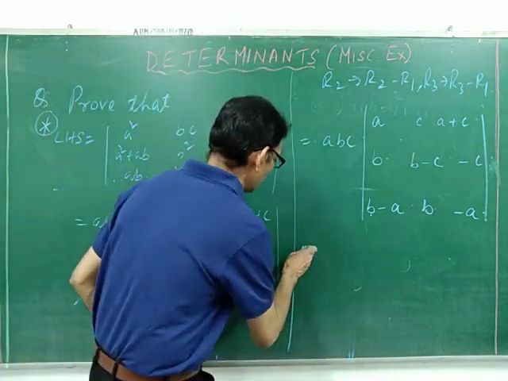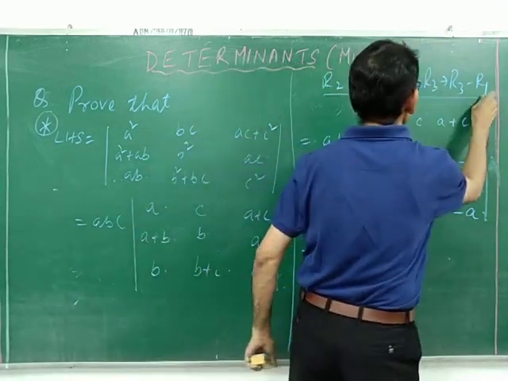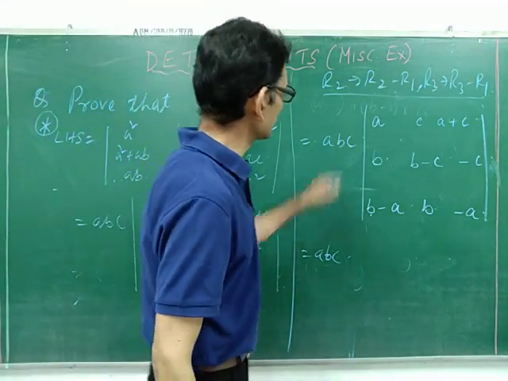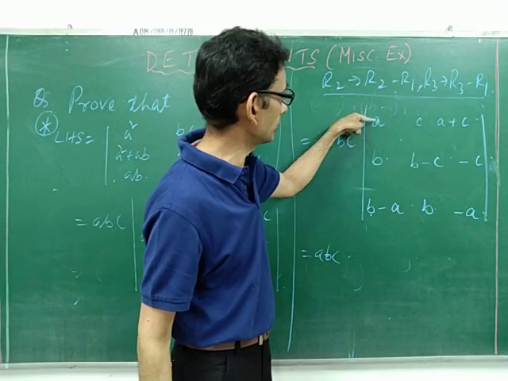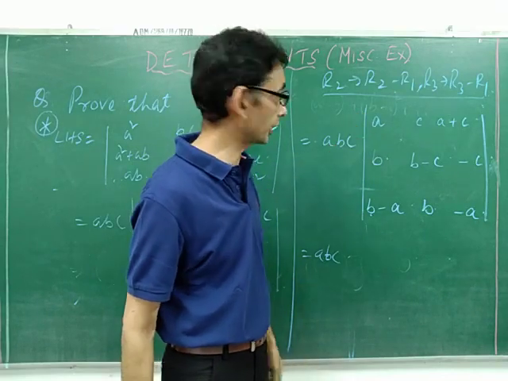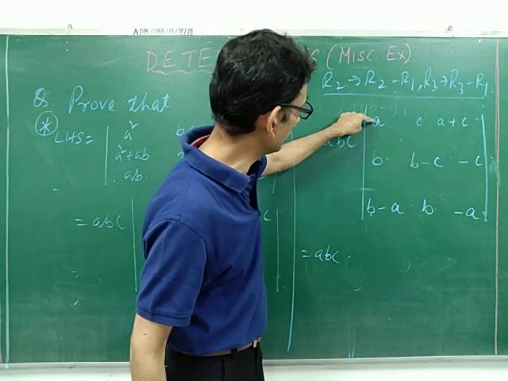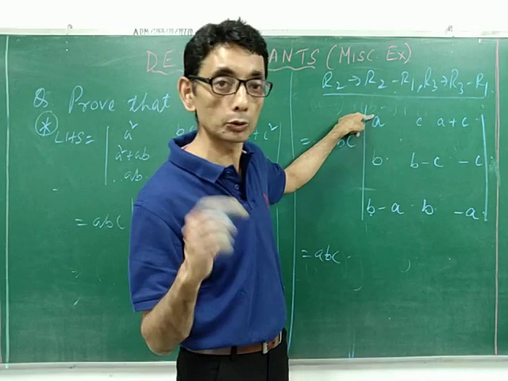Fine. Now, if you apply these steps, if you use this property, you are going to get one benefit. What is that? What I'm going to do is apply R1 plus R2 plus R3. Okay, so if you apply, what are we going to get here? If you add A plus B minus A, it cancels out, you are going to get twice B there.